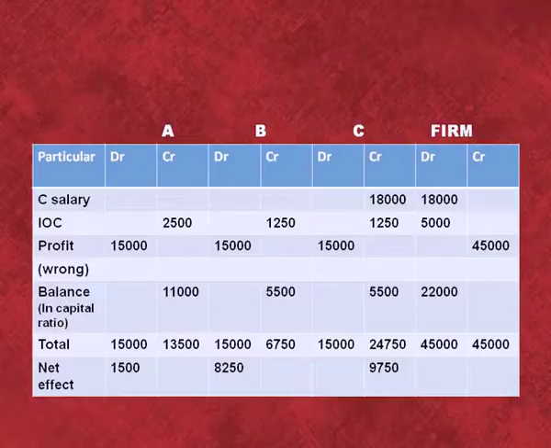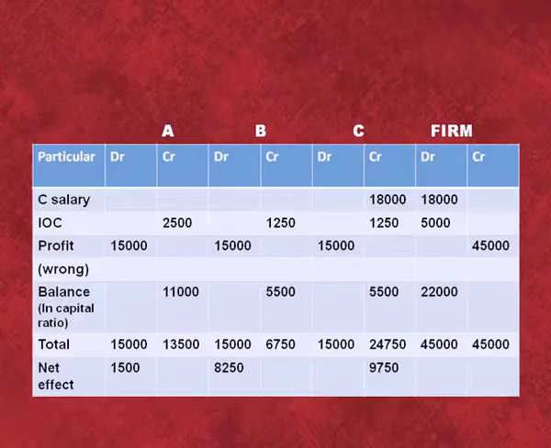Secondly, interest on capital. Interest on capital is to be given to the partners, so we have to provide interest on capital to each of the partners by crediting their capital account. Interest on capital is to be provided at the rate of 5% per annum. We will calculate 50,000 at 5%, that is 2500.